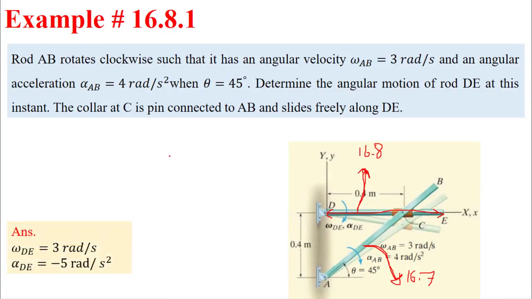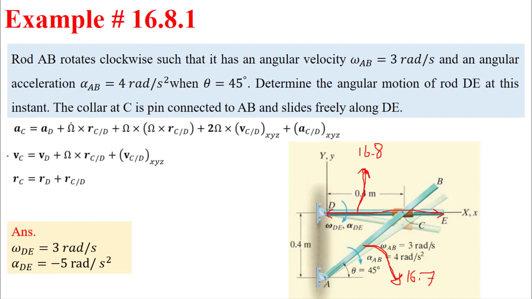So here are the equations. This is the position equation for the link where the slider is sliding, which is link DC or DE. Here is the velocity equation, and here is the acceleration equation, and you can tell easily that these are the extra components. This equation is applicable only for link DE or DC.